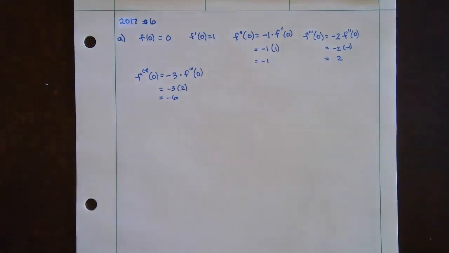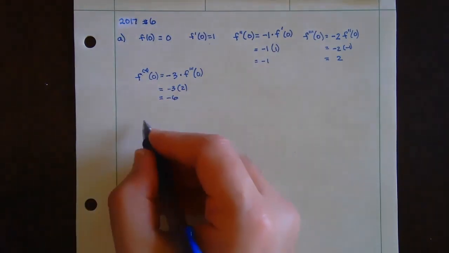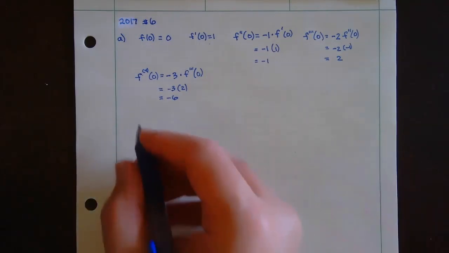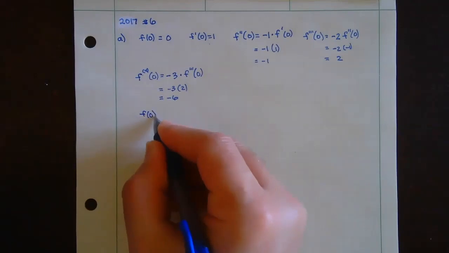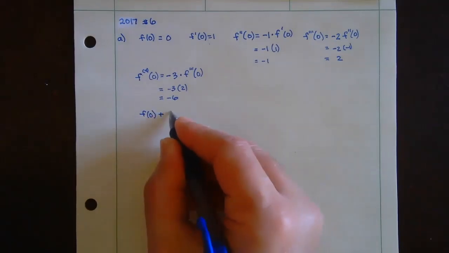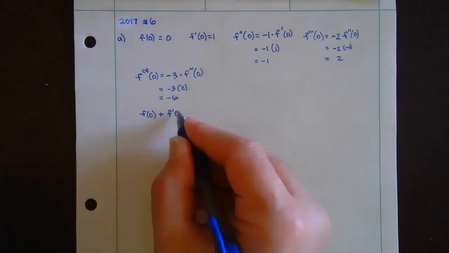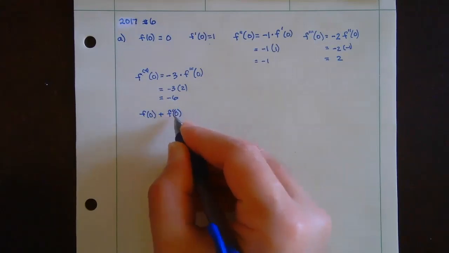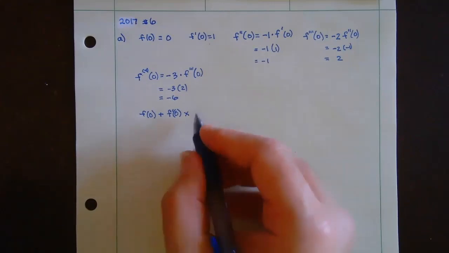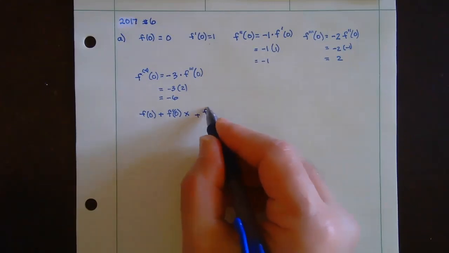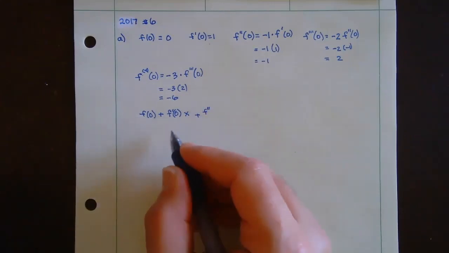Okay, so the first four non-zero terms, remember for a Taylor series or Maclaurin series, it's going to be at 0. It's going to be f of 0 plus f prime of 0 times x to the first over 1 factorial, right? And then plus f double prime. I'm not writing 1 factorial because it's just 1.